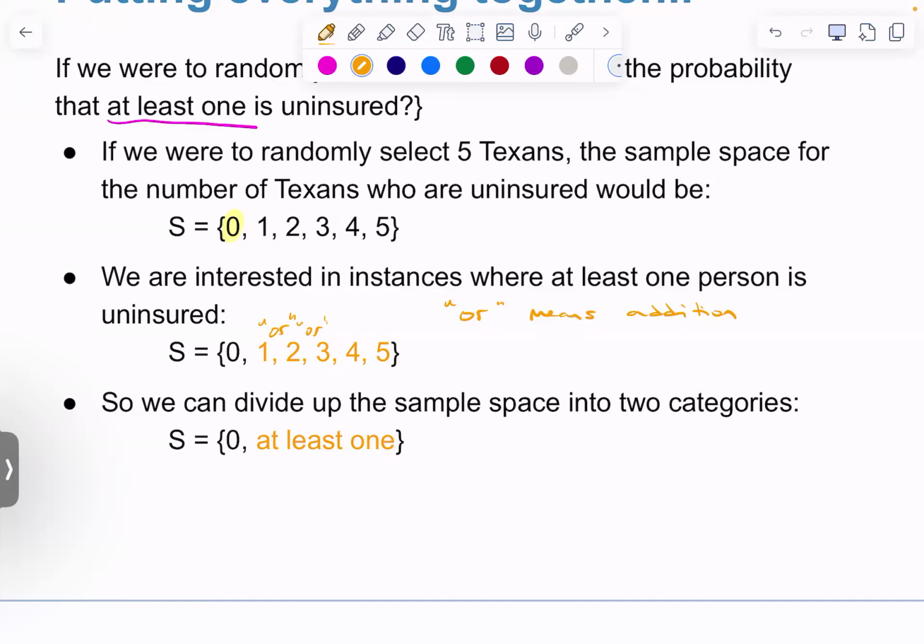But we need to consider all of them individually and then add them all together, and that's your total probability. So we could find the probability of 1, add it to the probability of 2, add it to the probability of 3, add that to the probability of 4, and then add that to the probability of 5. How do you find the probability of 1? Let's practice.